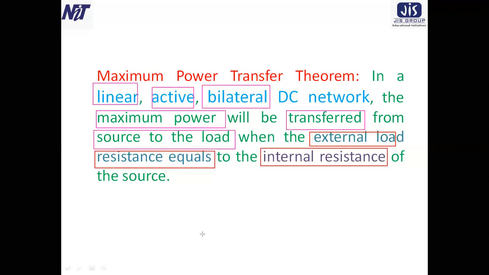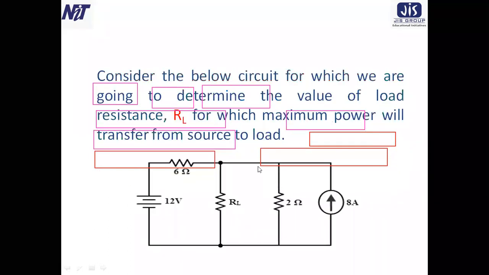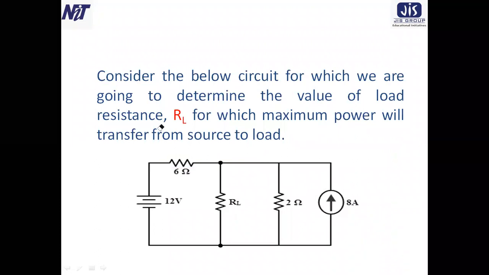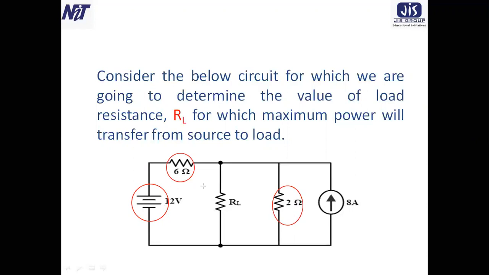Now if we consider the below figure, in the given figure there are some elements. Number one, a voltage source is connected, then a 6 ohm resistance, another 2 ohm resistance, and the load resistance R here, and also a current source connected with the circuit, that is 8 ampere.